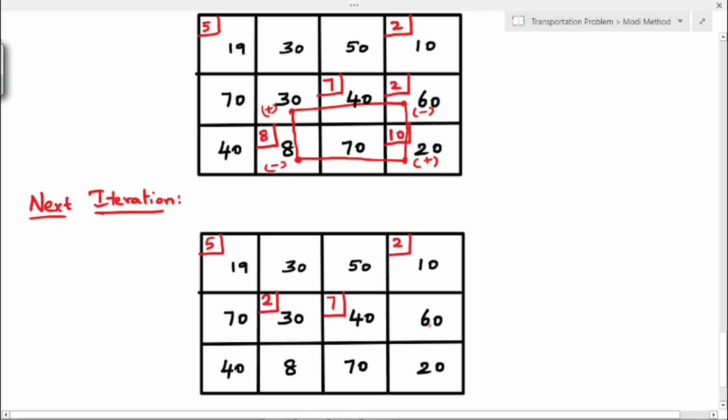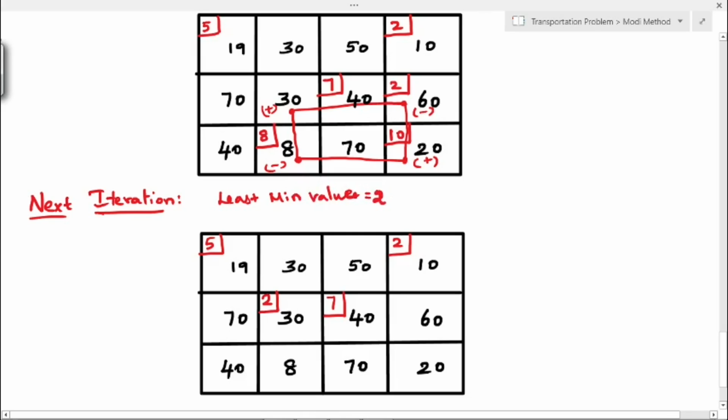Next move on to this position, that is 60, and here we have allocation 2 and a minus sign. So 2 minus 2, that is 0. We need not write that 0. Next move on to the next position, that is 10, and here we have a plus sign. The least minimum value is 2.